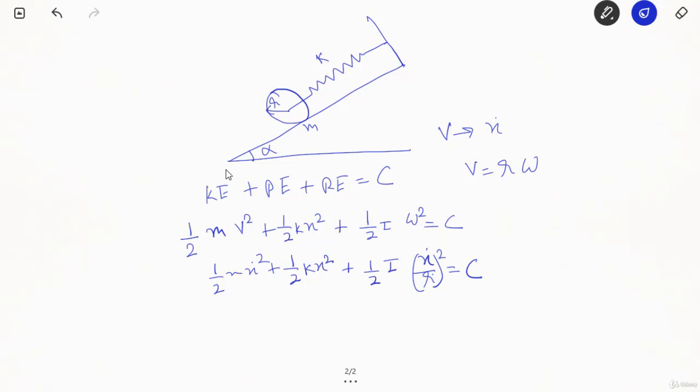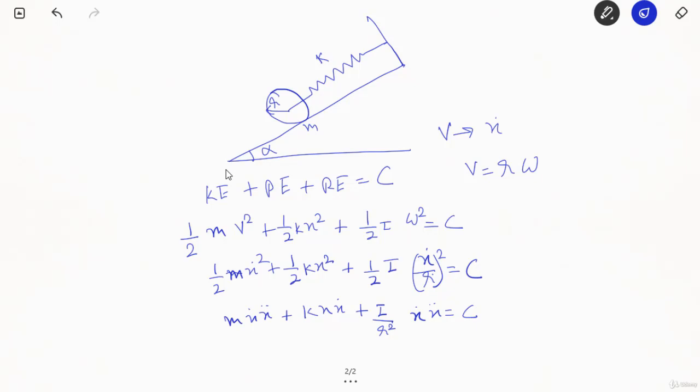Now first differentiate this part. We get m x dot x double dot plus k x x dot plus I by r square, which is constant for this case, x dot x double dot is equal to constant derivative, that is 0.